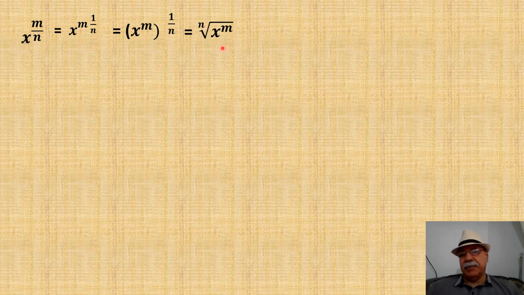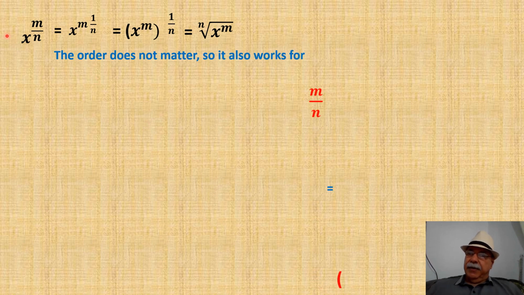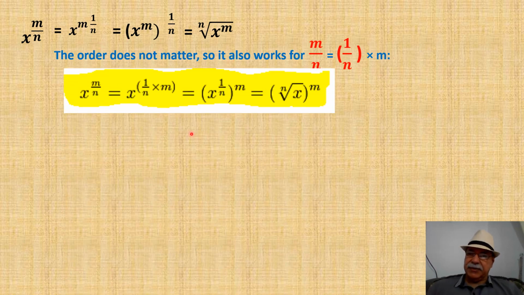You can go back and review the last video on my channel about the law of the index. The order does not matter, so working with mn and equal 1 over n and then x^m. That's why, this means ordering the process.